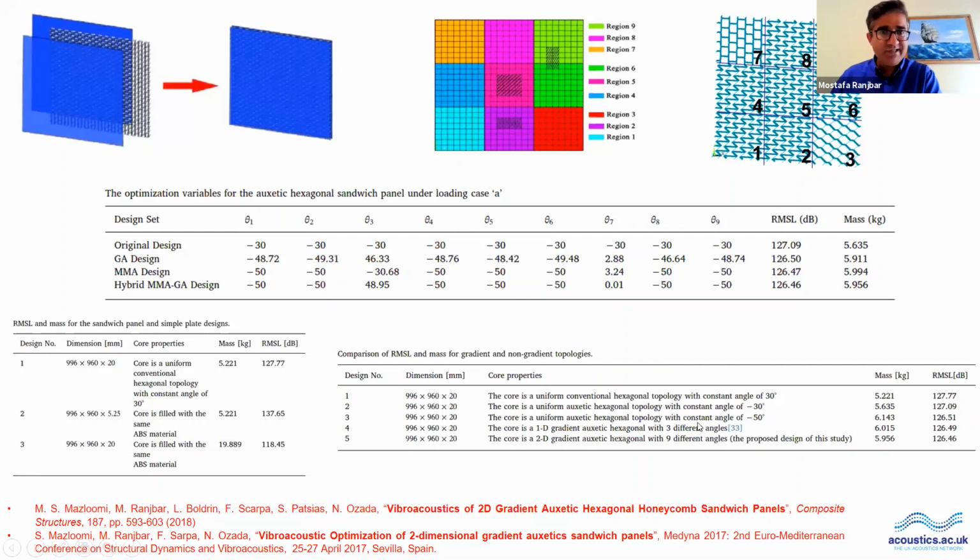Also again, here you can see in another table the effect of the reduction of the mass in parallel with the reduction of the noise. In another table here, you can see that we have reached different designs by different optimization techniques, with a little bit of change in the mass of the structure and a very good result in radiated noise.